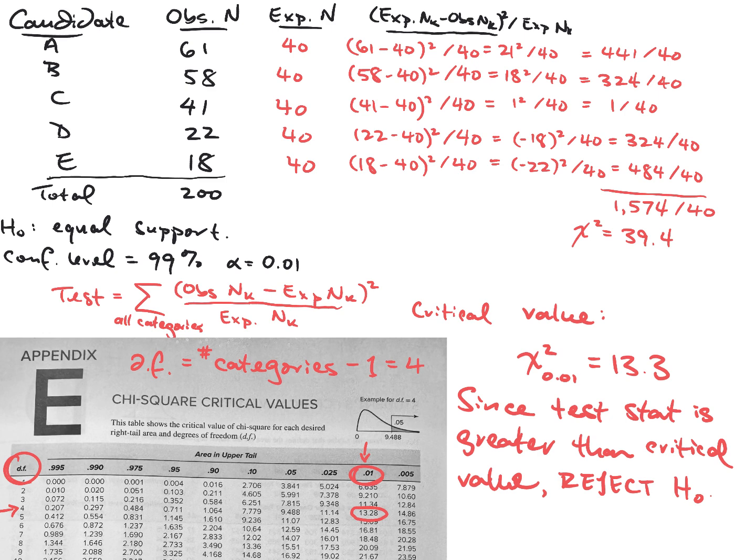We don't necessarily know who is out of line with the others, but we do know that these values are not statistically the same. So someone has high support, someone has low support, they are not equal. Okay, any questions?